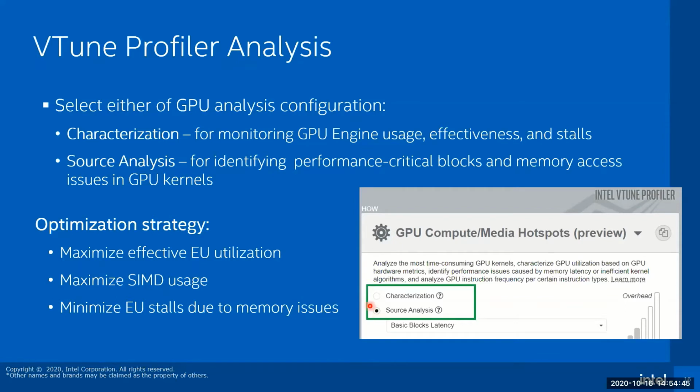So here's the optimization strategy behind the tool's analysis. You are trying to maximize the execution unit utilization. You need to maximize the SIMD usage per each execution unit, and you need to minimize the stalls due to memory accesses or inefficient memory accesses for execution units.